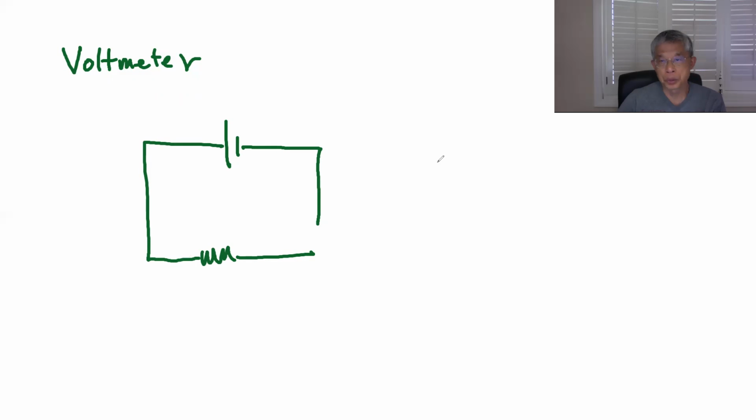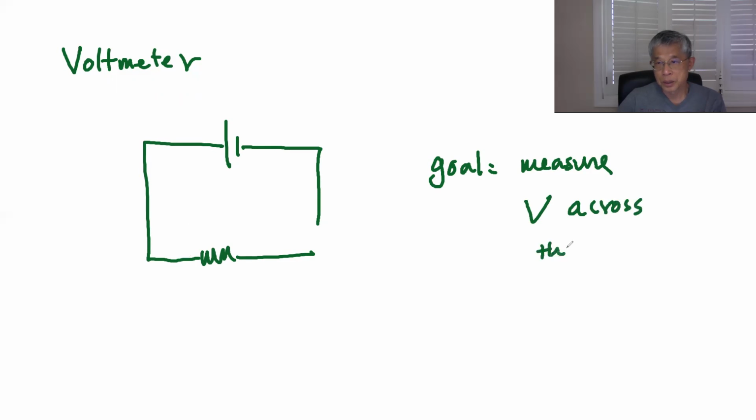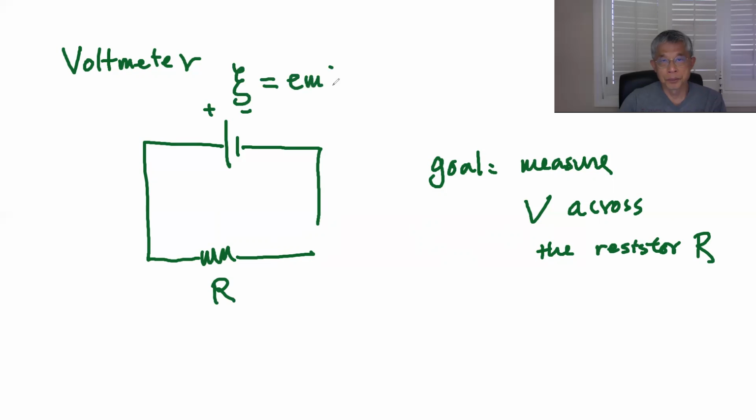So the goal is to measure V across the resistor R. So this is R, that's what I want to measure. And this is called epsilon, also called EMF.